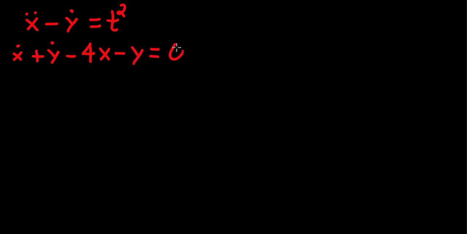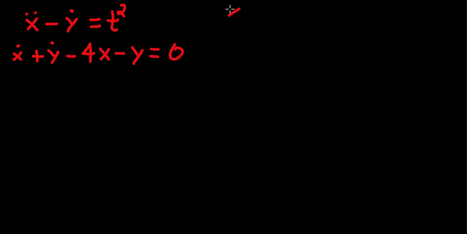So let's say we have x double dot minus y dot equals t squared, and we have x dot plus y dot minus 4x minus y is equal to 0.